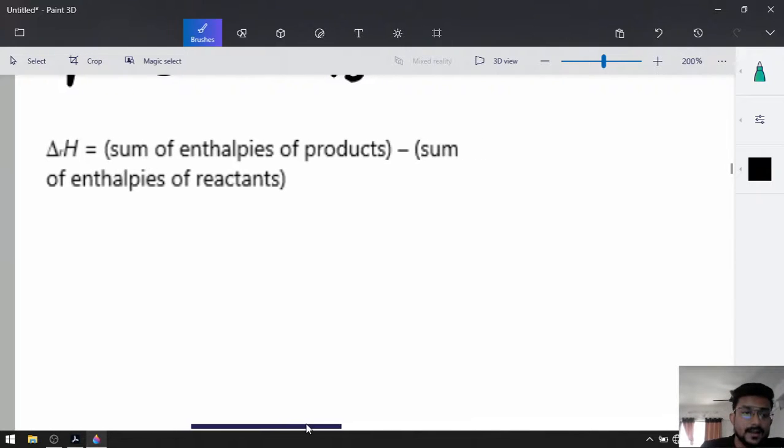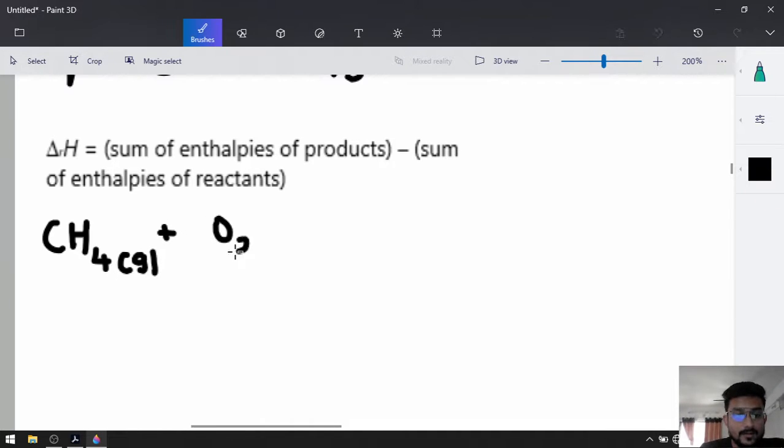They have given us the example of burning of methane. Methane CH4, in a gaseous state, when burned in the presence of oxygen, gives carbon dioxide. One carbon is there, so carbon dioxide will be 1.